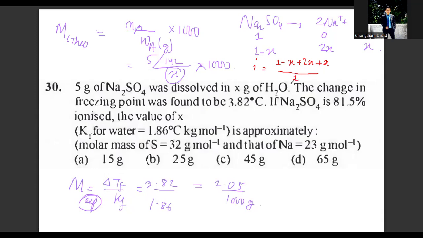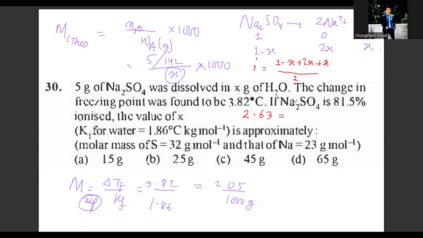The sodium sulfate is 81.5% ionized. That means 0.815 is ionized. So put the value of this X in this equation and you can calculate. The given value of the Van't Hoff factor is 2.63.